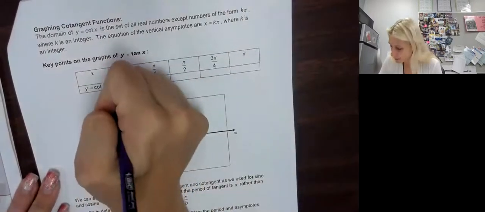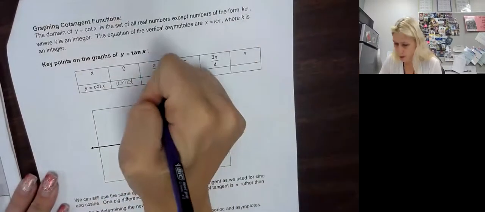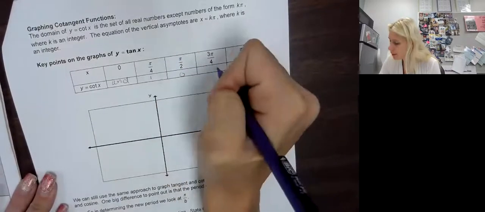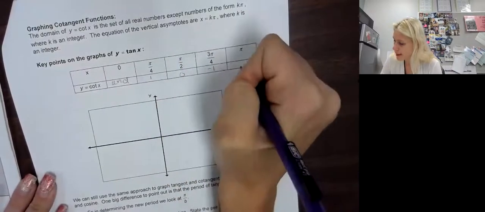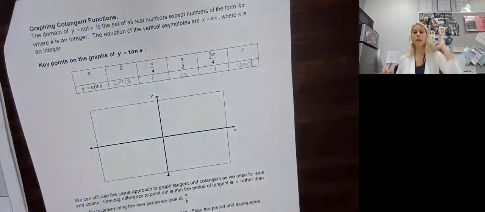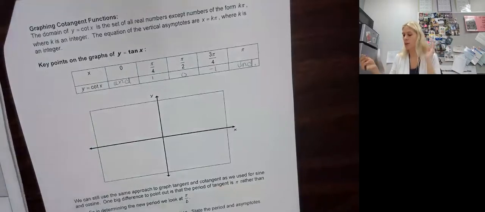So we have undefined. Pi over 4 would be 1. Pi over 2 is 0. 3 pi over 4 is negative 1. And pi is undefined. Now again, it's still a period of pi, right? But in this case, we're going from asymptote to asymptote. So it starts at 0, goes to pi.